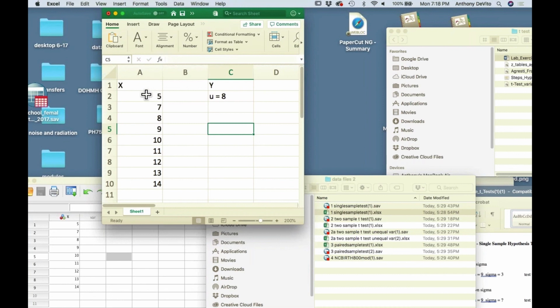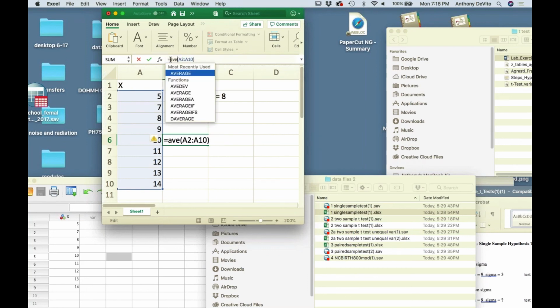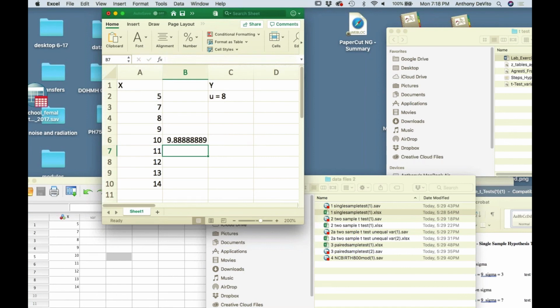Okay, so let's take a look at our sample from population X, whose mean we don't know. The average, the mean for this sample, is equal to 9.88.